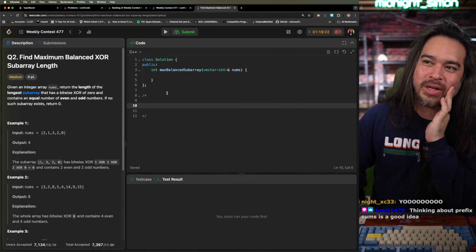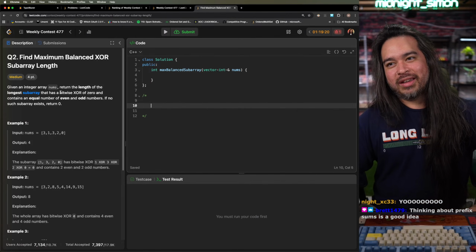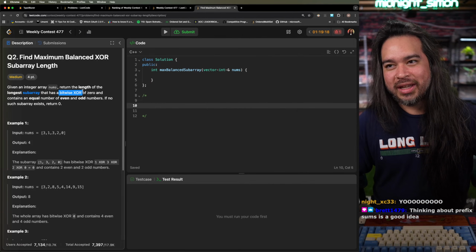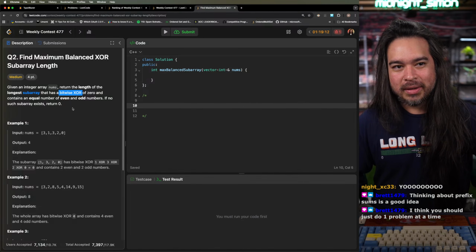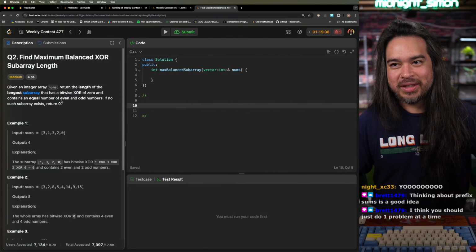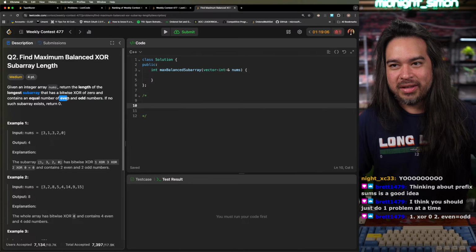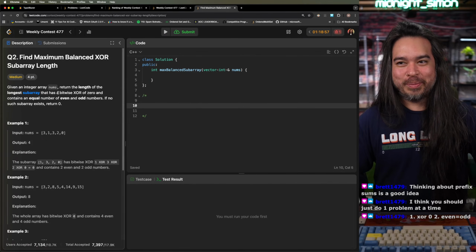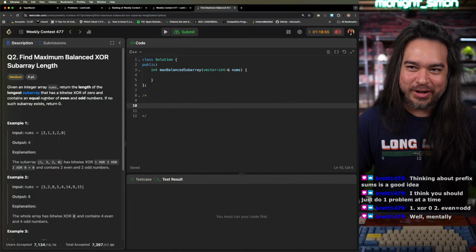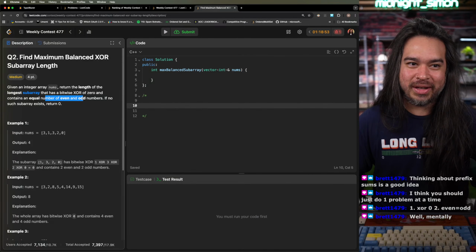Unless it's some crazy thing where you have to do an XOR and prefix sums on every bit or something like that. I think you should just do one problem at a time. So you think I should solve the equal number of even and odds first? All right, I'm going to try and solve the XOR alone by itself, because I feel like I've already solved the equal number of even and odds.